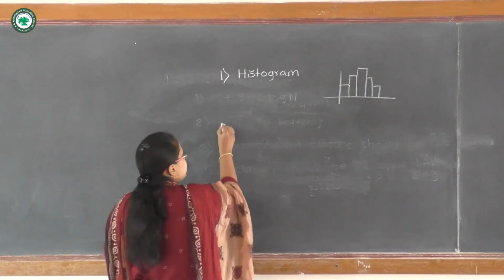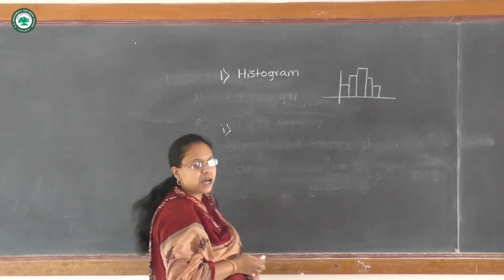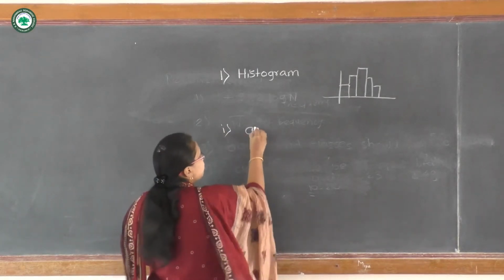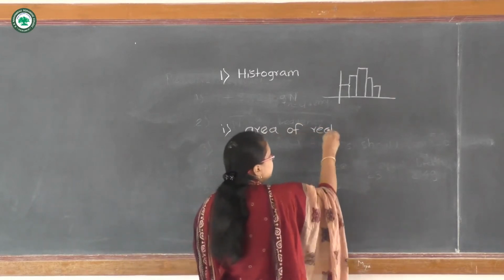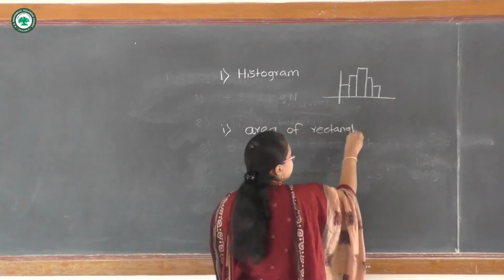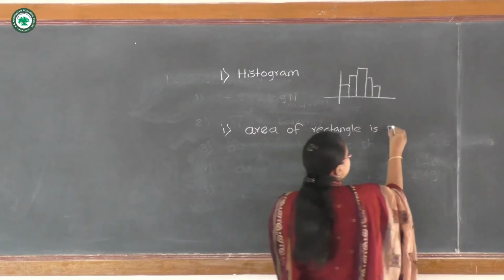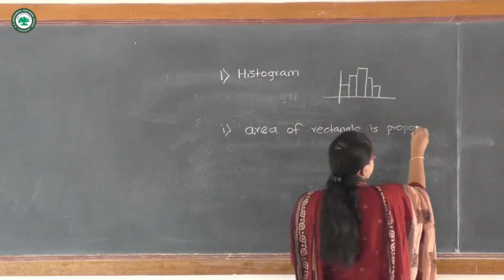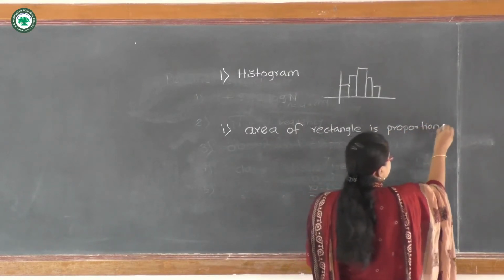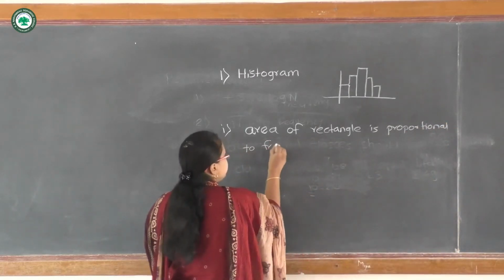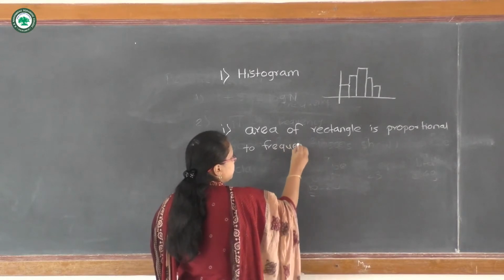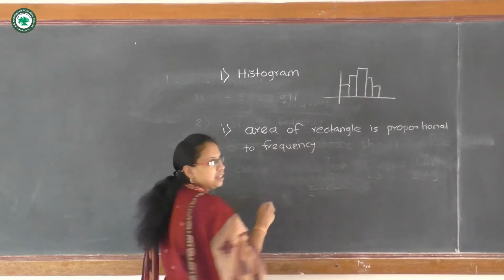The first is, when class widths are equal, then the area of the rectangle is proportional to frequency. So we can take it directly.